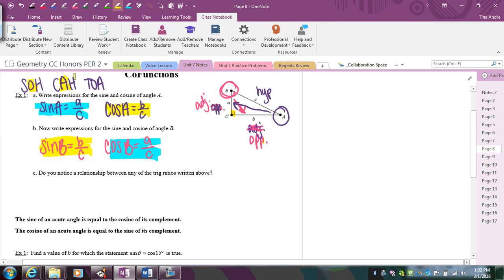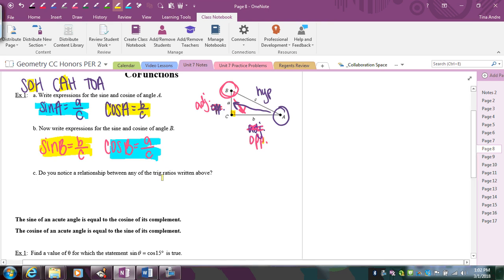So sine and cosine of complementary angles will always be the same. When you're looking at your picture, the opposite of angle A is the adjacent to angle B. So if you're switching the angles, you're switching the opposite and the adjacent as well.